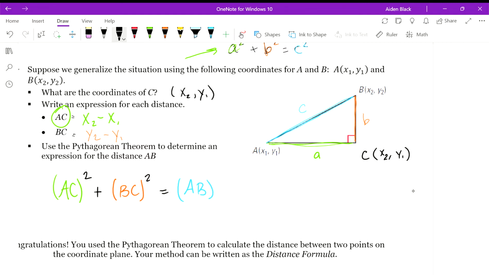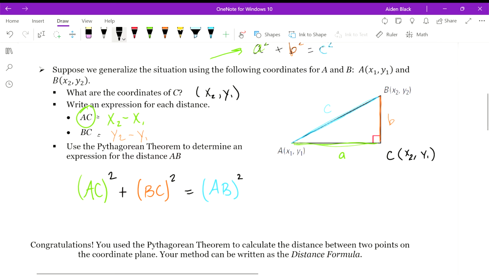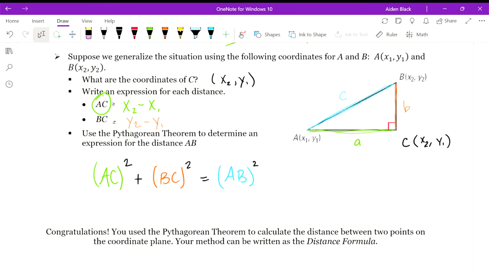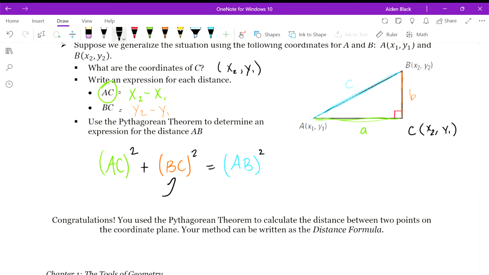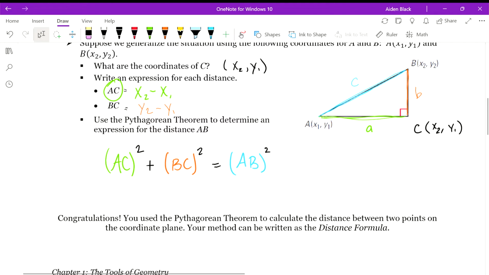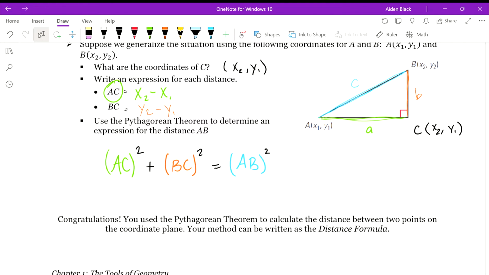And of course we're squaring this. This is Pythagorean's theorem right here. And what we'll do is we will replace these values for what we said they're equal to in these generalizations. So we know that AC is also equal to x2 minus x1.